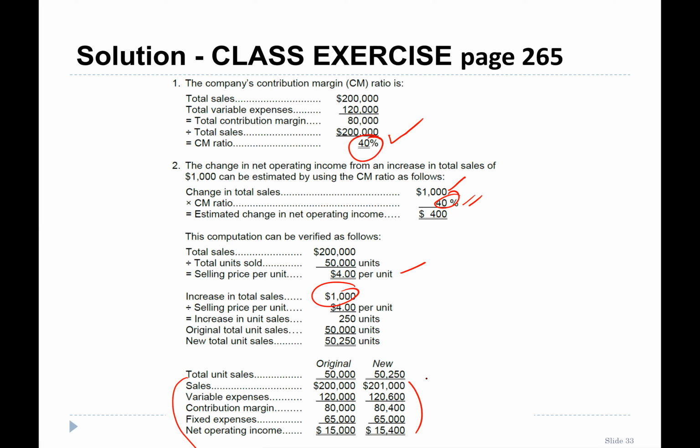Sale is increased by $1,000. Variable increased by 600, and you see at the end the changes in total operating income is just 400, which verifies our contribution margin concept. Ayana, you understand?